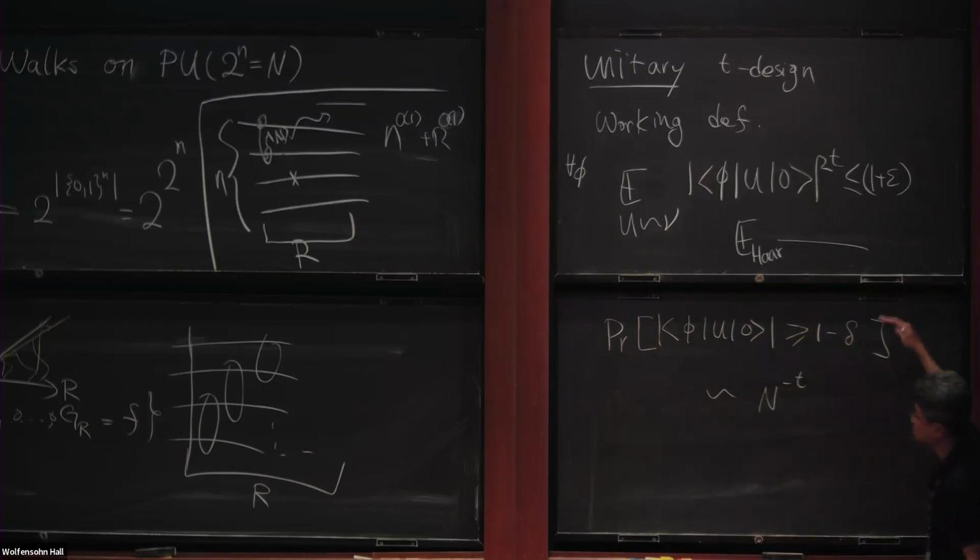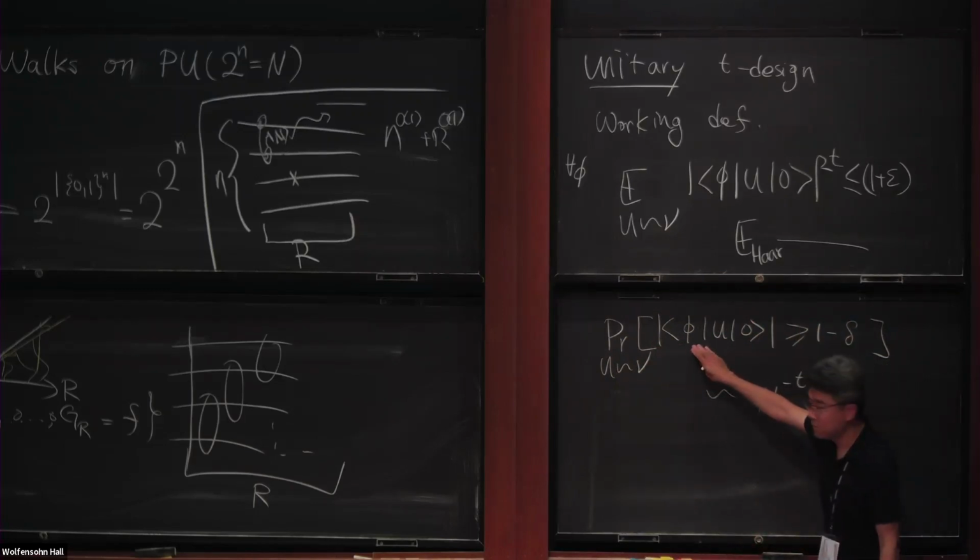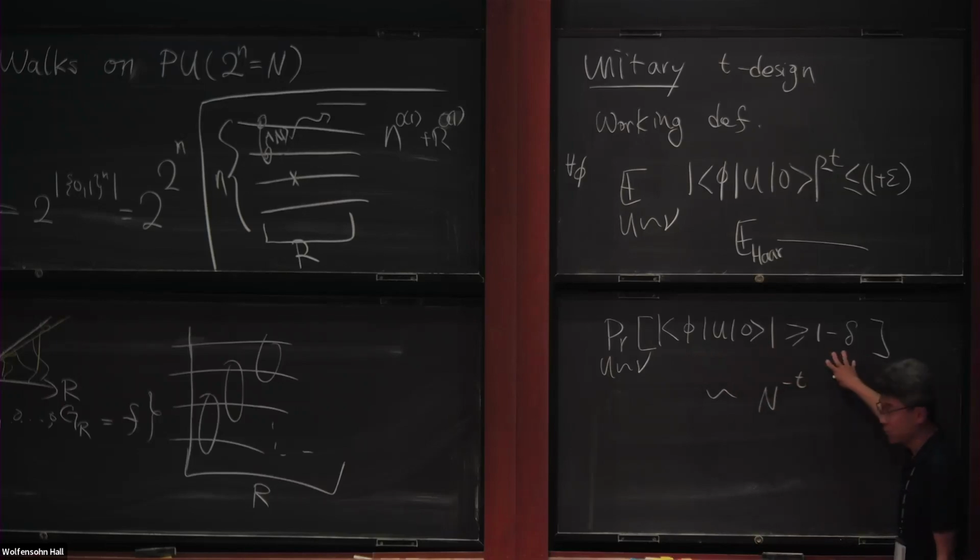So this definition gives you a probability bound where the chance that your chosen unitary has a high overlap with any fixed vector is very, very small. That's the working definition. And then it's a similar thing.